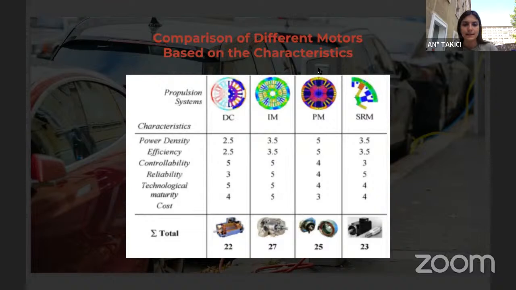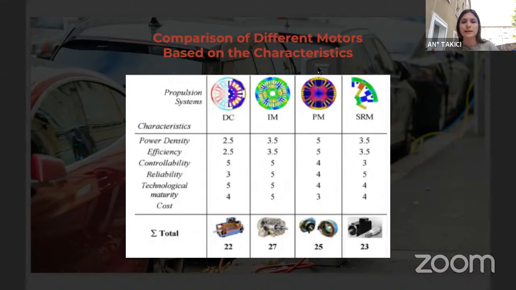DC is direct current, IM is induction motor, PM is permanent magnet motor, SRM is switched reluctance motor. In this figure, 5 means it is the best rate, 1 means it is the worst rate.